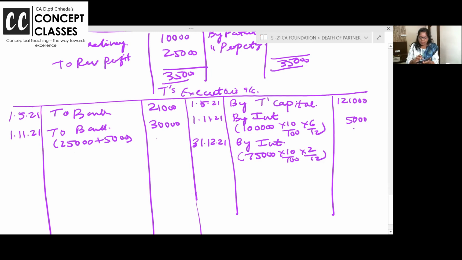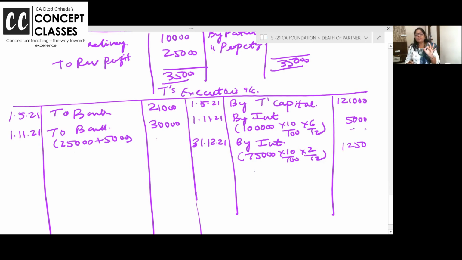75,000 into 10% into 2 by 12 is 1,250. And those who don't understand, pick up your calculator and total everything so far: 1,21,000 plus 5,000 minus 21,000 minus 30,000 gives 75,000.